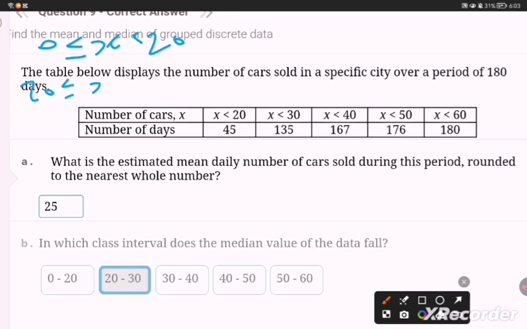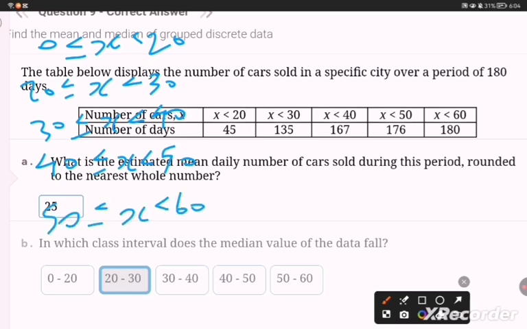So then 20, x is less than 30, 30, x is less than 40, 40, and then x is less than 50, 50 to 60. So these are your, I guess you can say, class intervals or time intervals or whatever intervals you want to call them. And they want to find the mean.